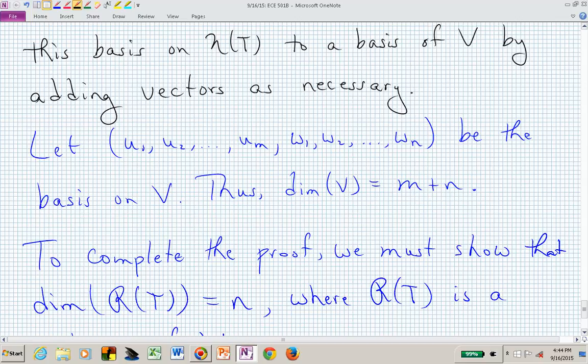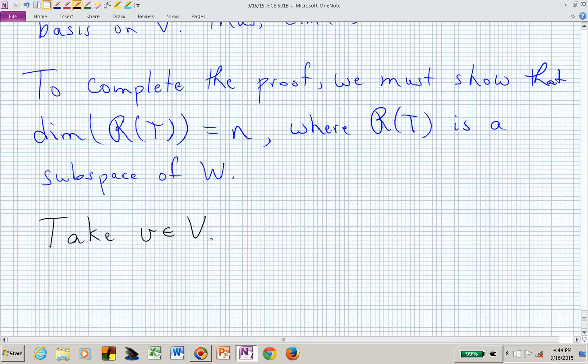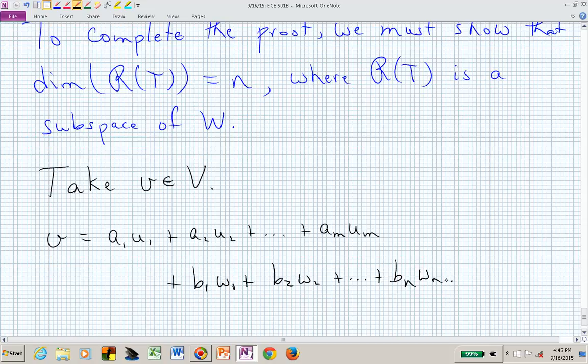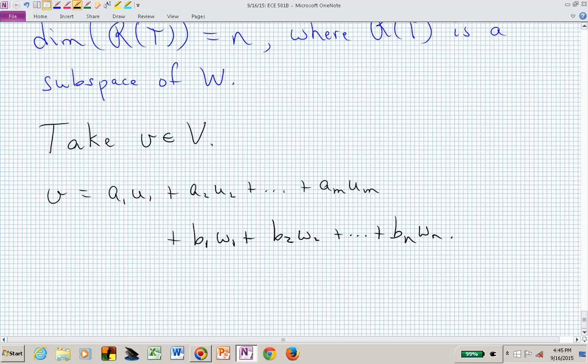We can combine these u's and w's with the appropriate scalars to create v. v is equal to a1u1 plus a2u2 plus up to a_m u_m, plus b1w1, b2w2, etc., up to b_n w_n.